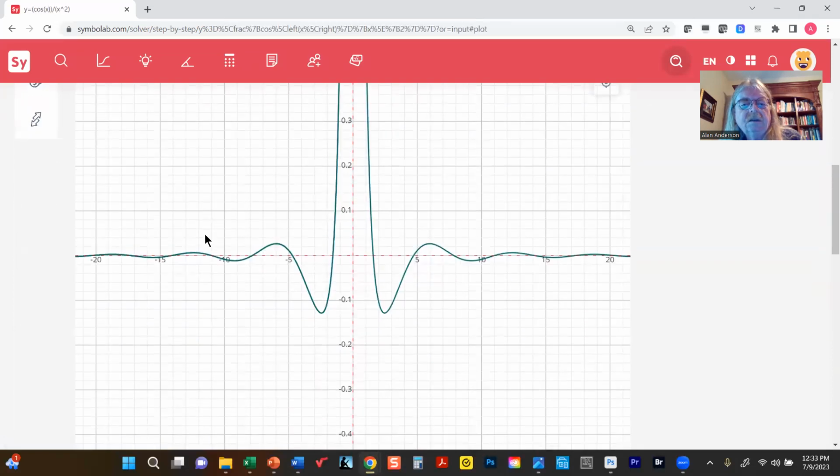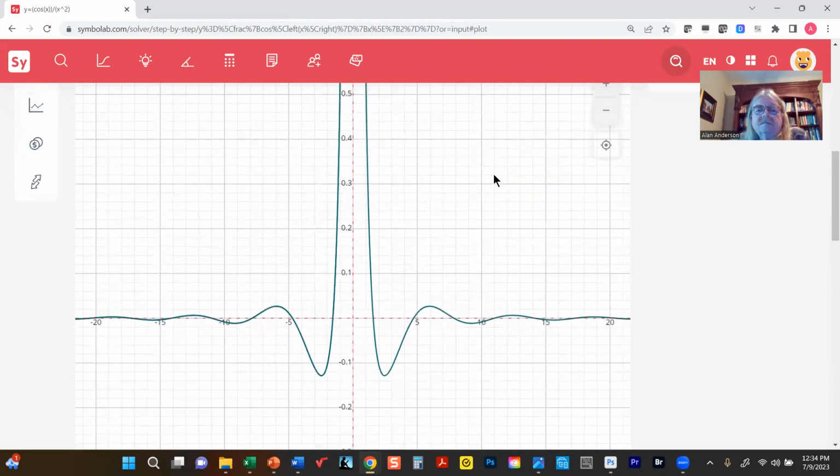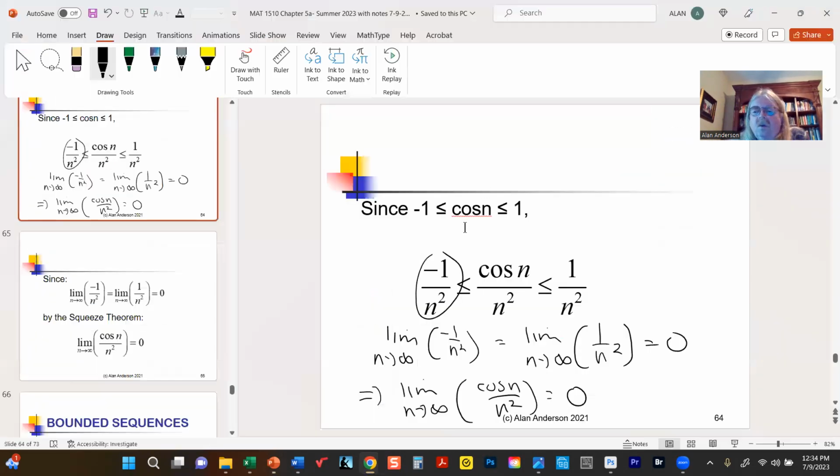But you can see, even though the pattern is gyrating up and down above the horizontal axis, it appears to be getting very, very close to 0 as x approaches infinity. The function is going up and down and up and down, but you can see it does have an asymptote here. Although unusually for an asymptote, it's going above and below it, but it is converging to that asymptote.